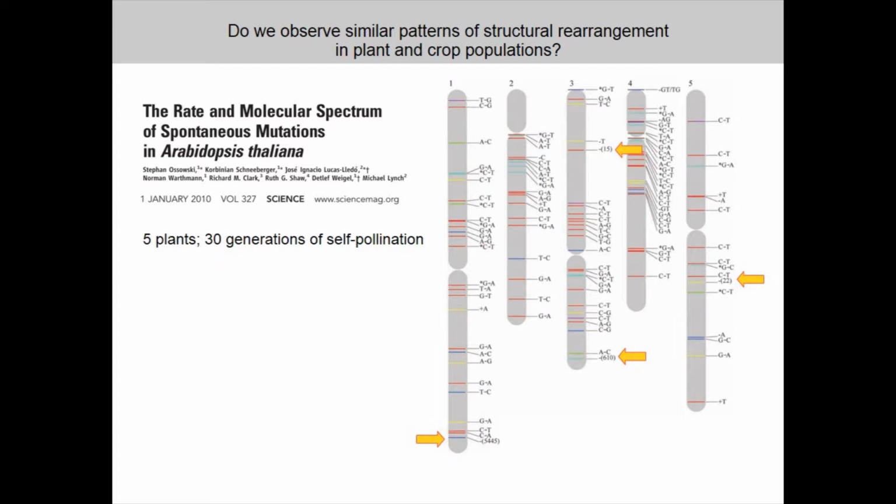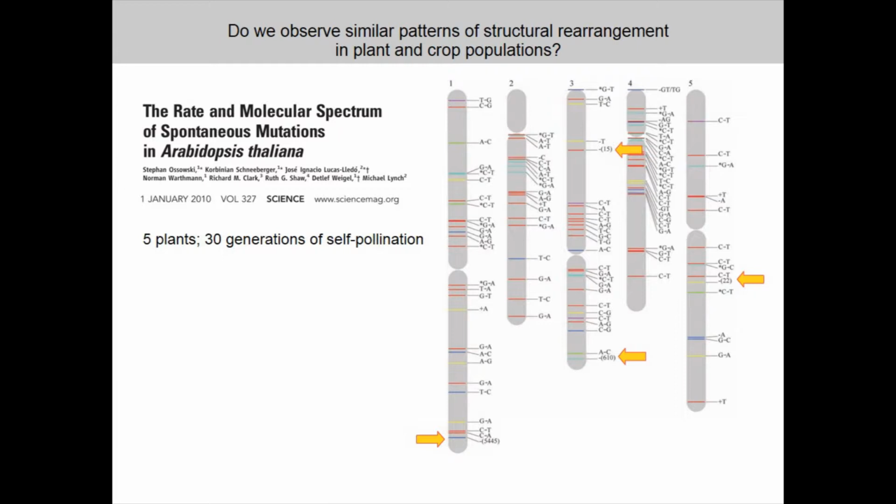A couple years ago, Michael Lynch's group took 5 plants and advanced them 30 generations by single seed descent, and they identified within this population, 150 plants, 4 large deletions of substantial size. Some of these are 5,000 base pairs, 600 base pairs, and so this gives you a sense that with a selfing plant, a well-characterized genotype, and greenhouse conditions, you still get substantial structural variation.